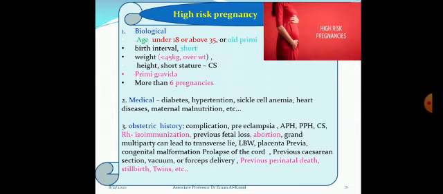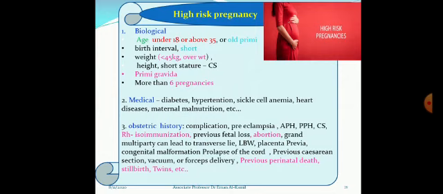Birth interval. If the mother has subsequent pregnancies with a very short birth interval, she is more liable to have complications such as anemia and other complications which occur during pregnancy and delivery. Also, if the mother's weight is less than 45 kilograms or she is overweight, both of them are at risk of having many complications. Also short stature of the mother.